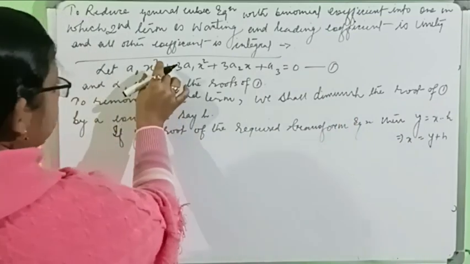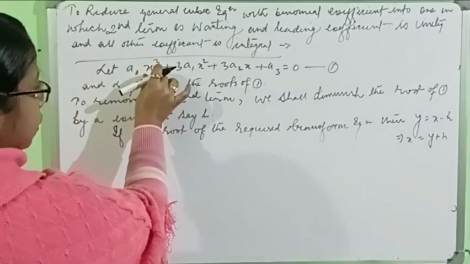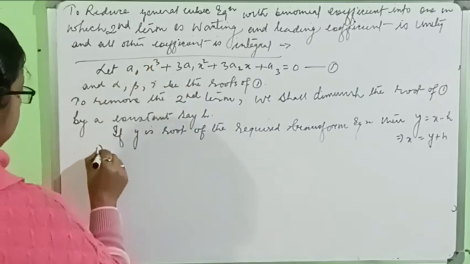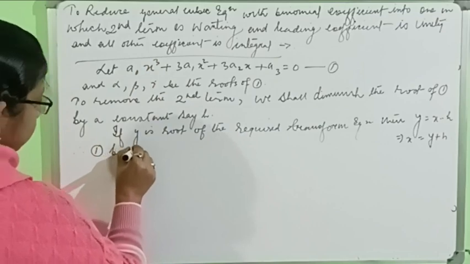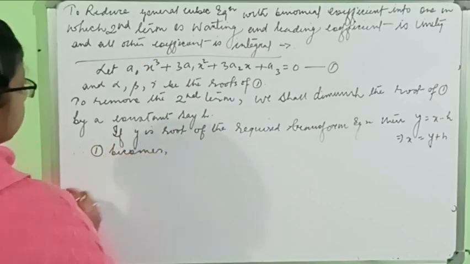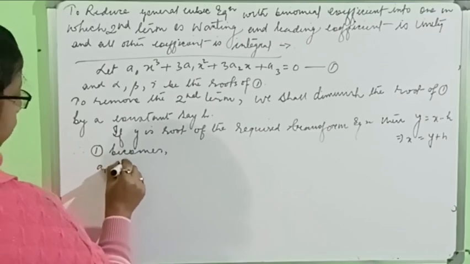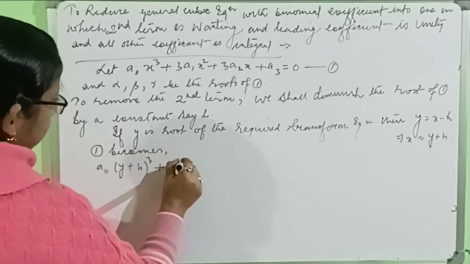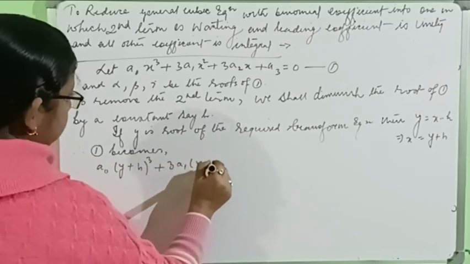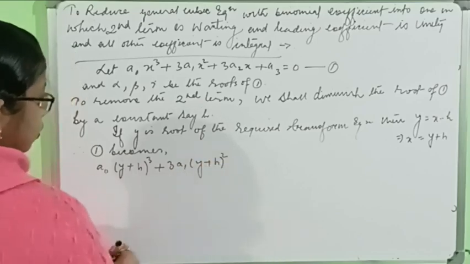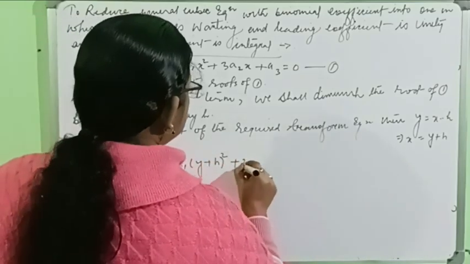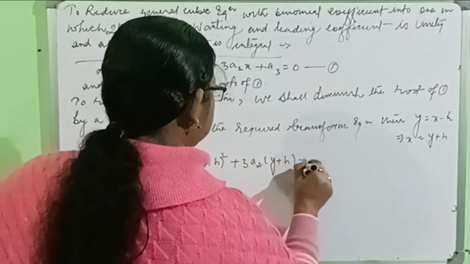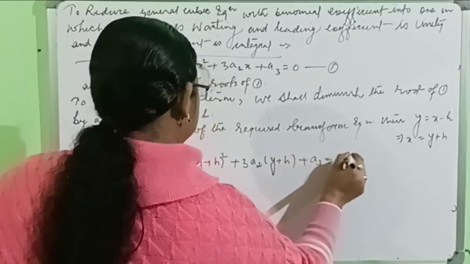Now substitute x equal to y plus h in equation 1. We get a naught (y plus h) cube plus 3a1 (y plus h) square plus 3a2 (y plus h) plus a3 equal to 0.